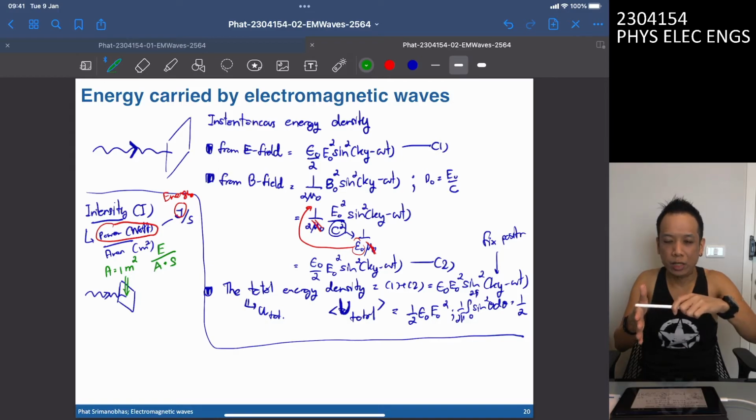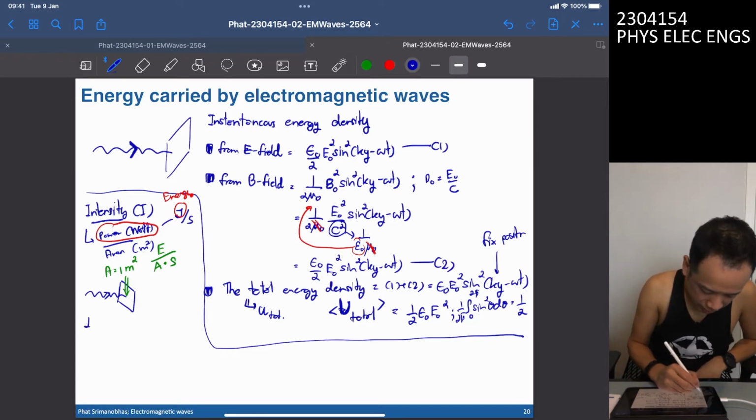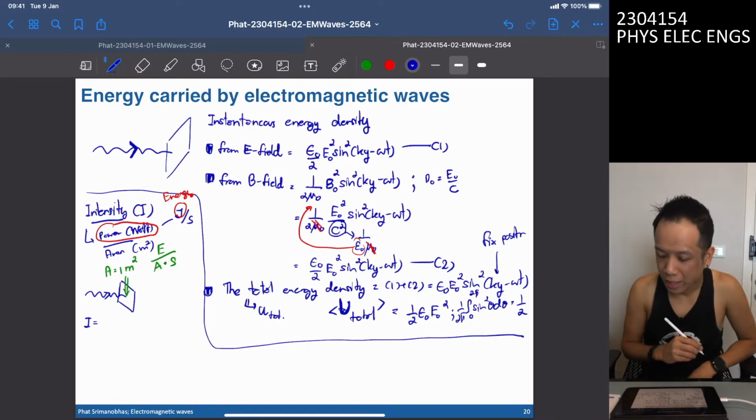It accumulates the energy that is released to the area for 1 second. So the intensity becomes the total energy, right, that it gives you for 1 second.